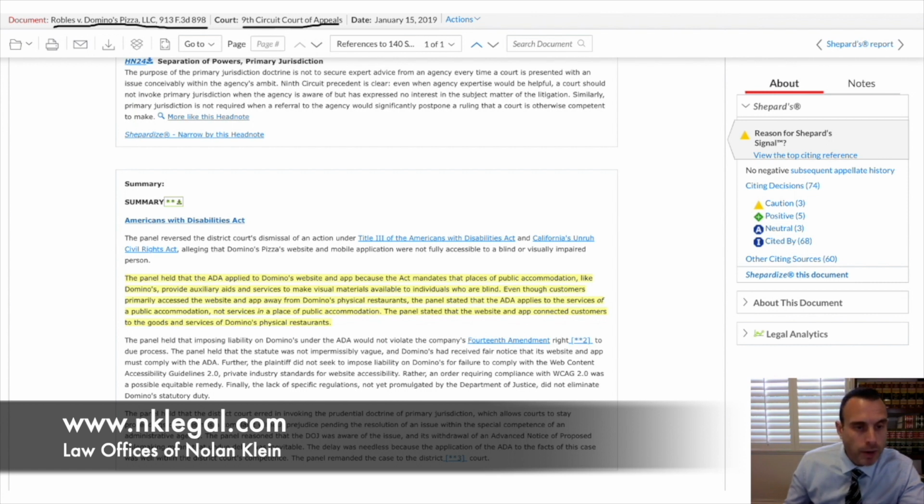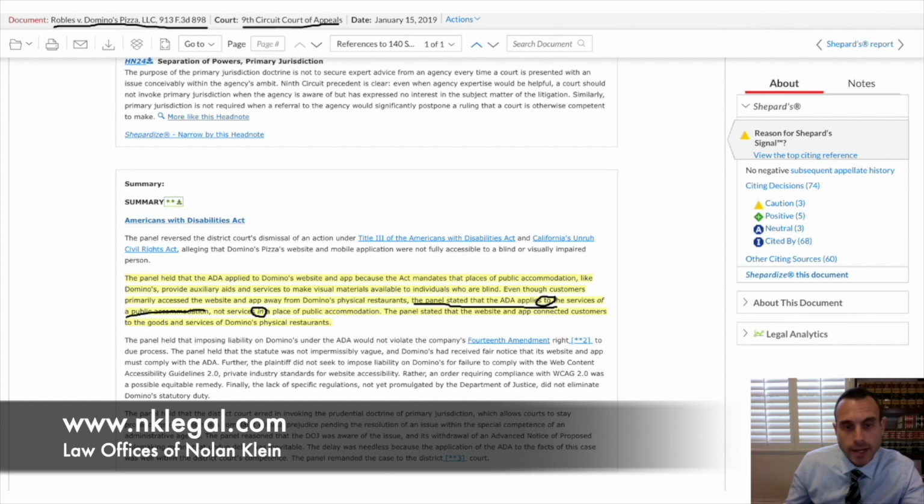Even though customers primarily access the website and app away from Domino's physical restaurants, the panel stated that the ADA applies to the services of a public accommodation, not services in a public accommodation. Let's read that again. The panel stated that the ADA applies to the services of a public accommodation, not services in a place of public accommodation.